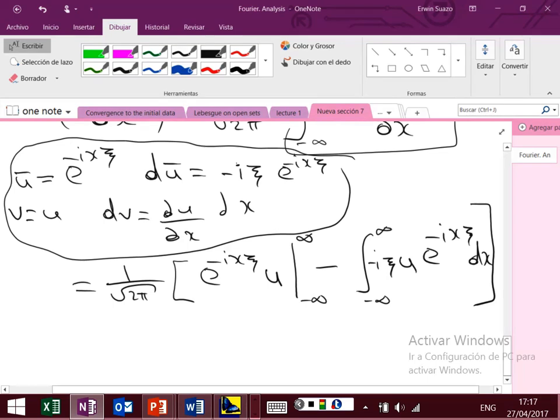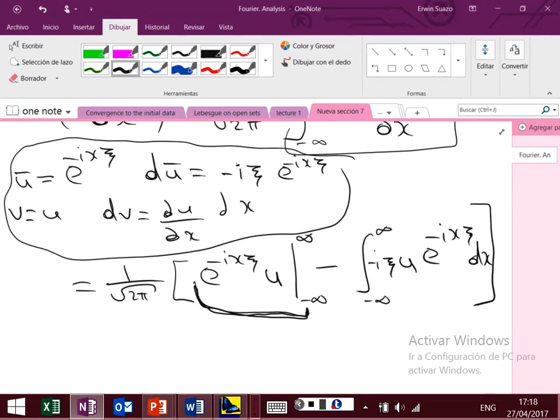And here is where the interesting part comes. Let's say that I want to make this term disappear. What could I say to make it disappear? Because e to the minus i xi x is really cosine of xi x plus i sine of xi x, so it looks complicated.